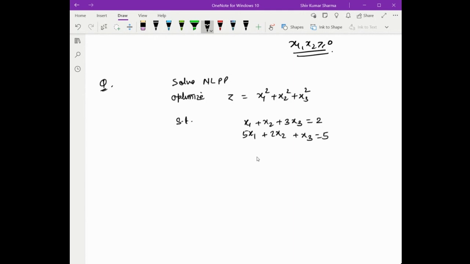There are three decision variables, x1, x2, x3 greater than or equal to 0.